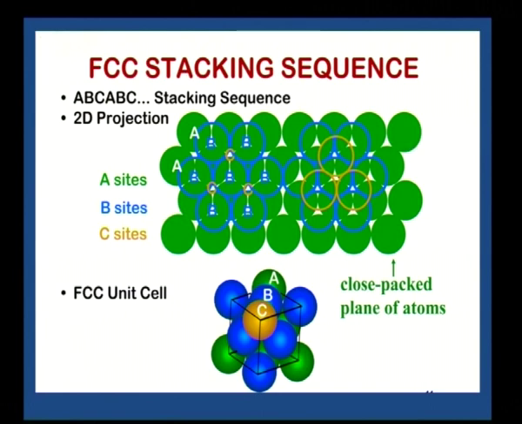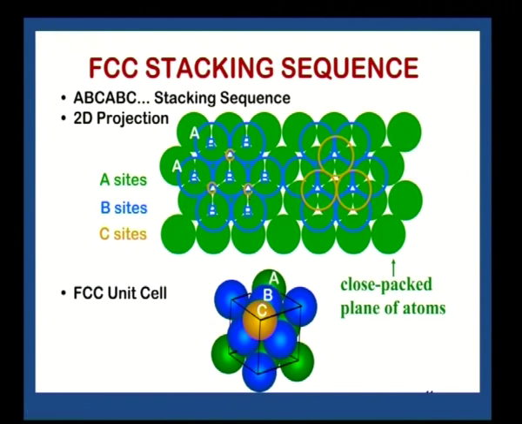Then you look at the C sites. The C sites are indicated by a different color. After having constructed the second layer, you think of the third layer. The third layer will be looking like this. The C site is here, B is here, and these are the points above which you will have the third layer.